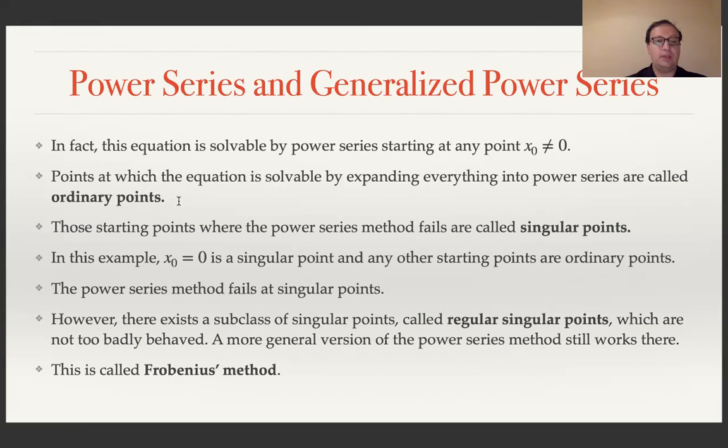So if we can solve the equation by power series starting at some point, or by expanding into a power series around a point, then that point is called an ordinary point. The exceptional points where the power series method fails are called singular points. So in our example, all starting points are ordinary points except for 0, which is a singular point.